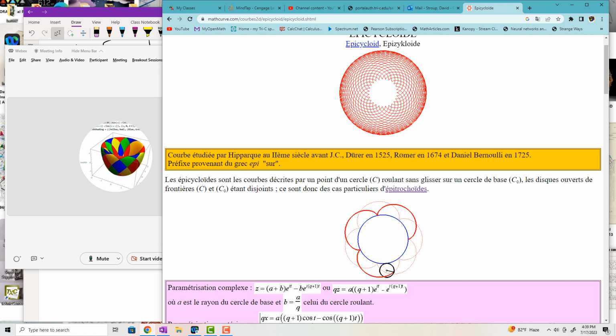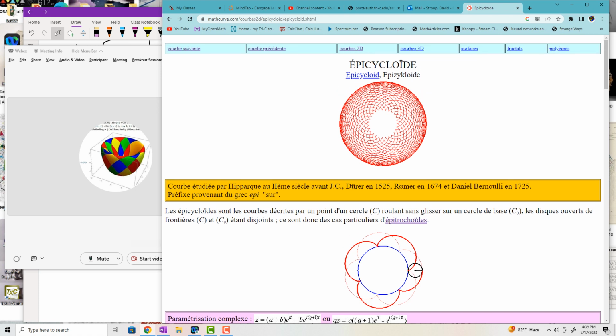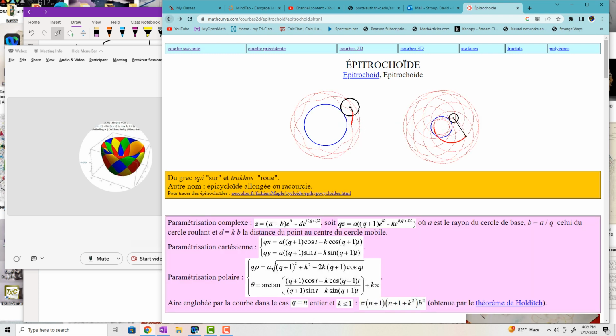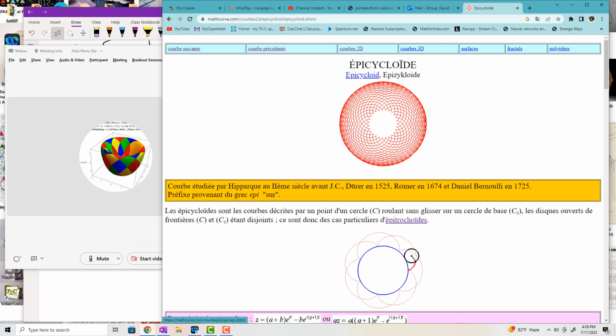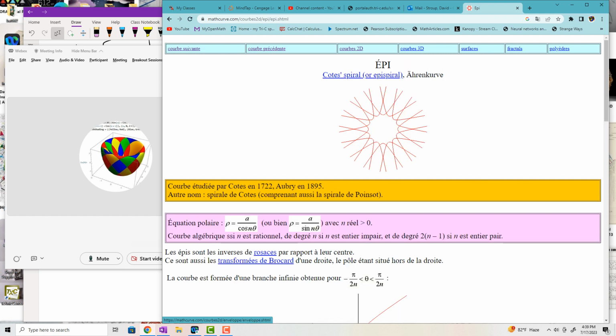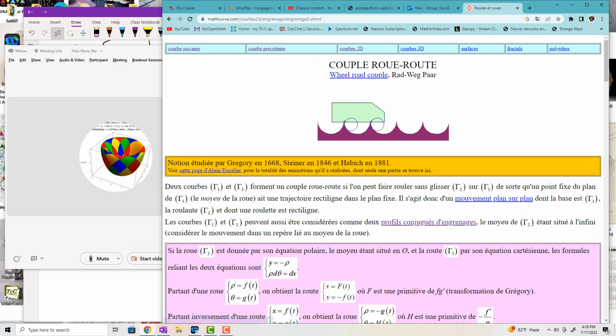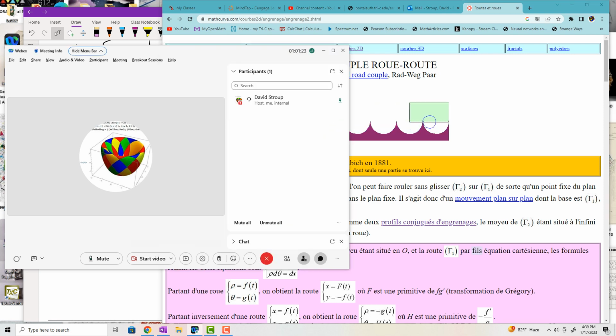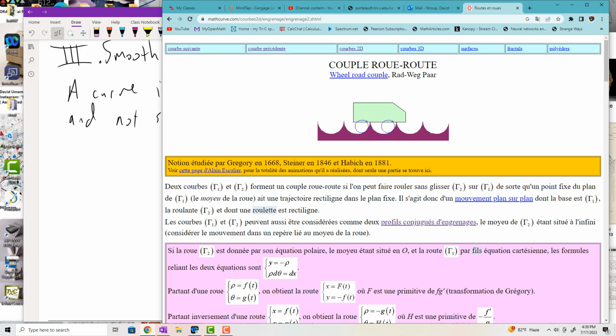That's where it's not considered smooth. Let's see if this one has any kinks in it. Doesn't really seem to have any. This one has them all, the epicycloid does. Especially this one, you see those corners. If you fell from the sky and landed on one of those, you'd be dead. That's where it's not smooth.